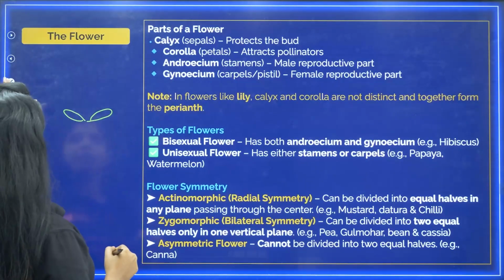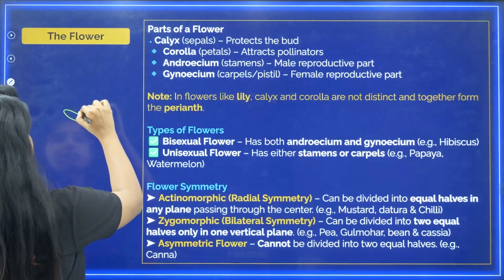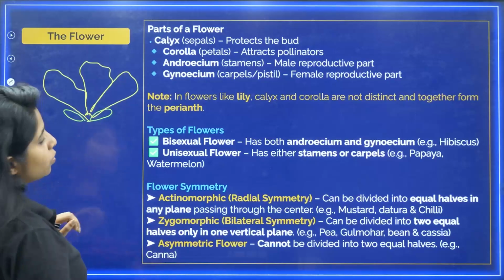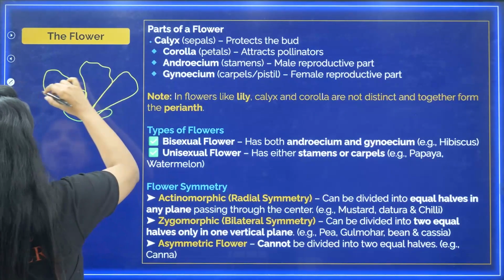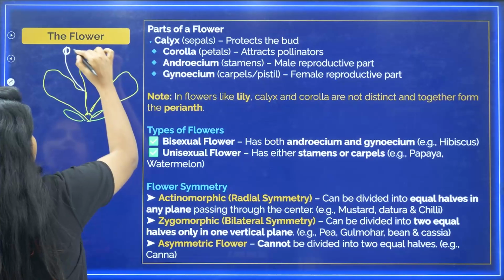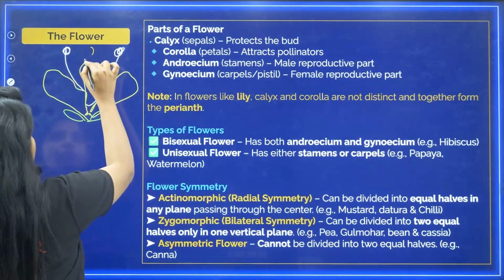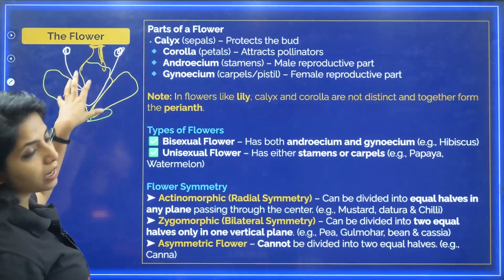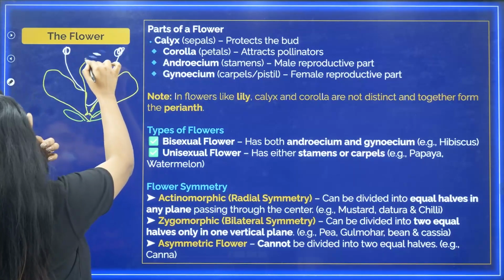And then you have the androecium, the male reproductive organ, and the gynoecium, the female reproductive organ with stigma, style and ovary.